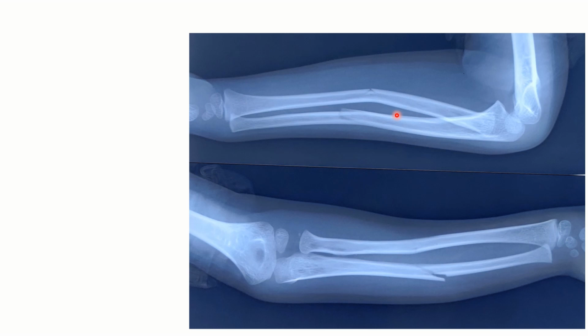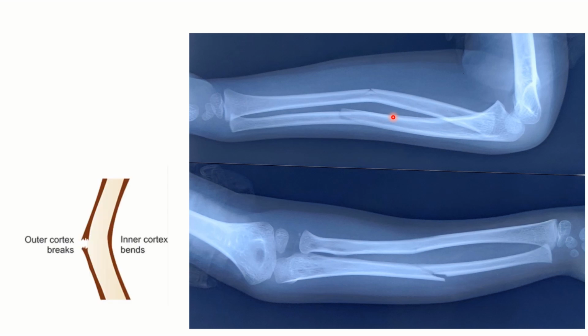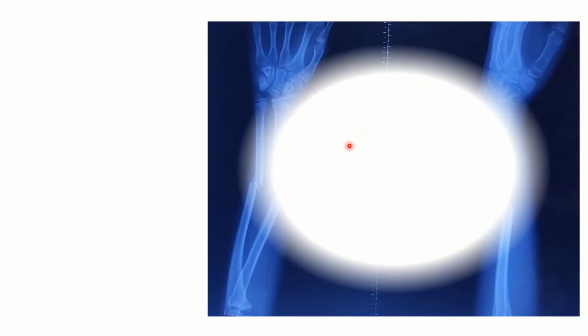However, they can also occur due to other types of trauma, including road traffic accidents, sports injuries, or non-accidental injuries where the child is hit with an object. So the simple way to learn a greenstick injury is that one cortex is broken while the opposite side bends. So this would be a greenstick fracture.